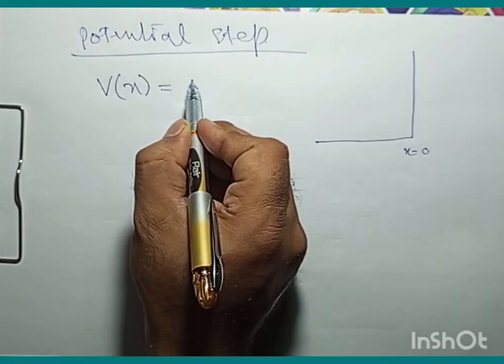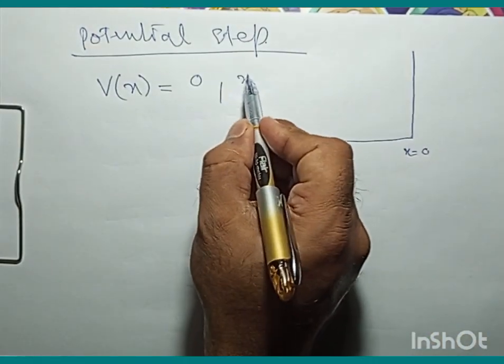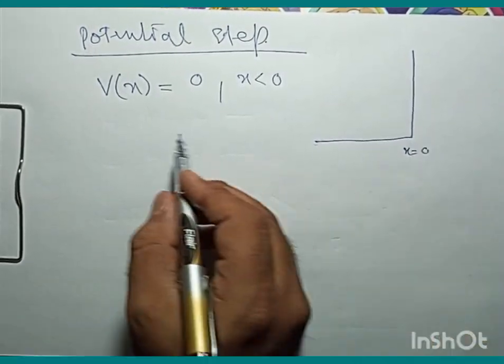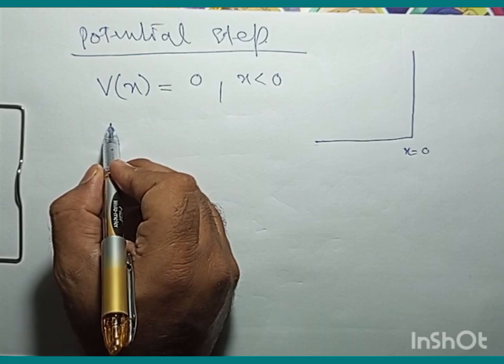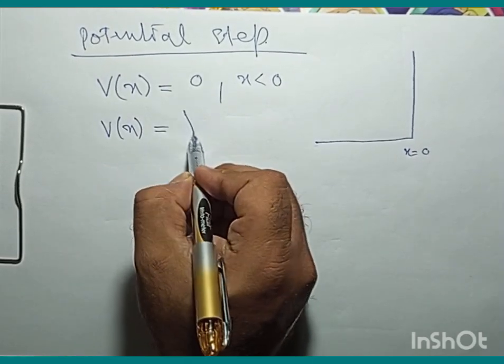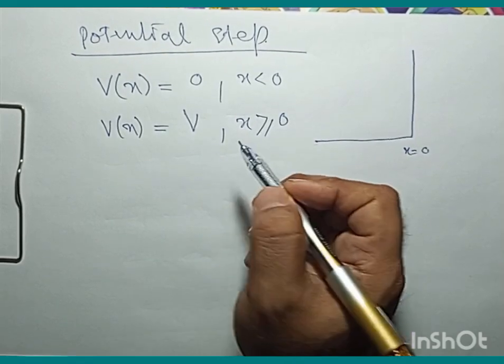This potential is 0 for x less than 0, and this potential is equal to, say, V for x greater than or equal to 0.